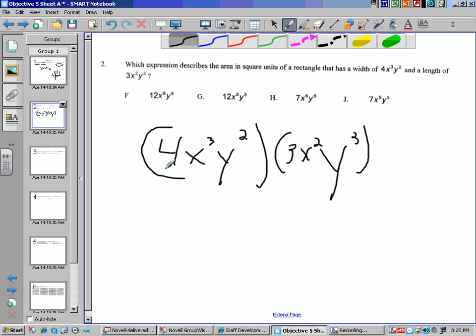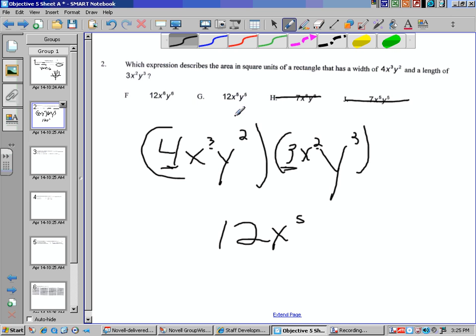Now, in this case, you take the lead coefficients, 4 times 3, and you get 12. Just by knowing you multiply those two numbers, it would eliminate these two answer choices. Now, when you are multiplying and have the same bases, you add the exponents. So on the x's, I would add the 3 and the 2. I would get x to the 5th power.